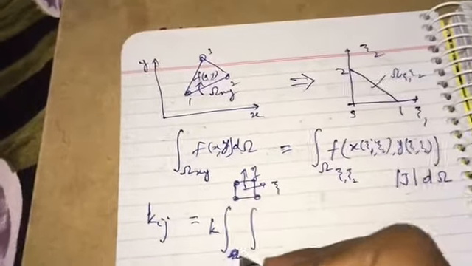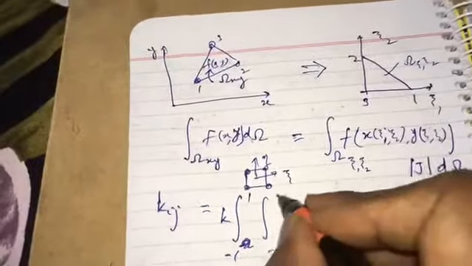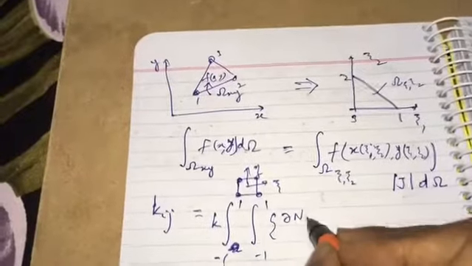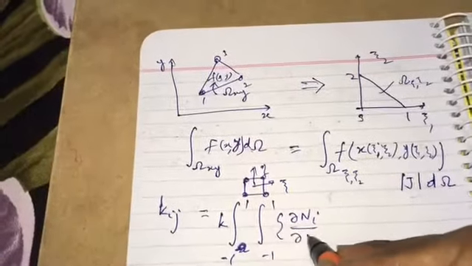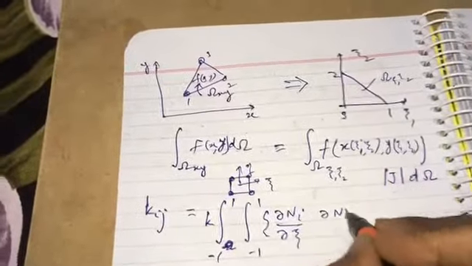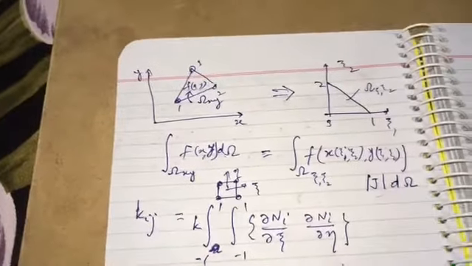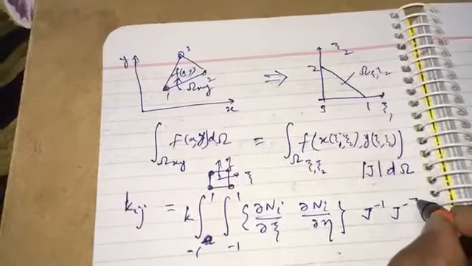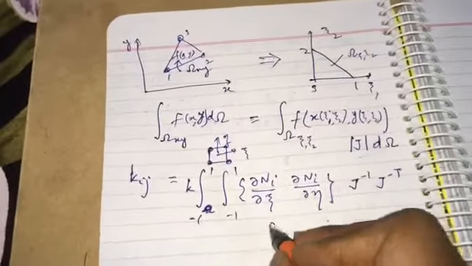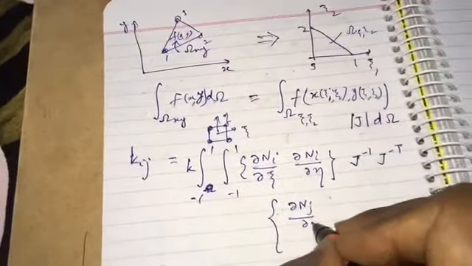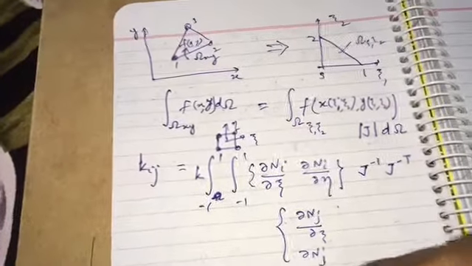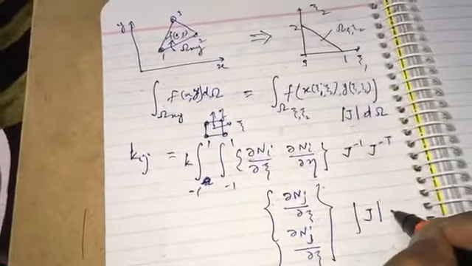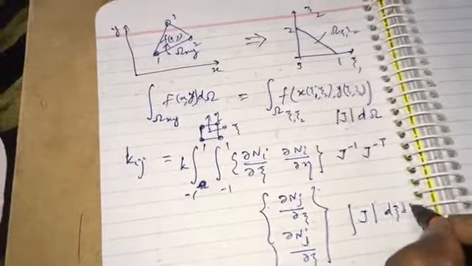There we used limits of -1 to 1, and then we had del ni over del xi, del ni over del eta, then the J inverse transpose term, and after that del nj over del xi, del nj over del eta, and then the determinant of the Jacobian and d xi d eta.